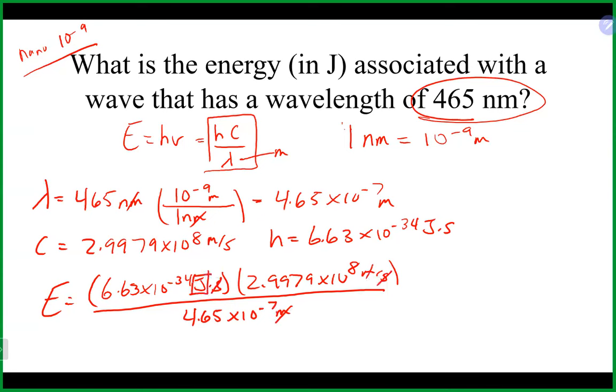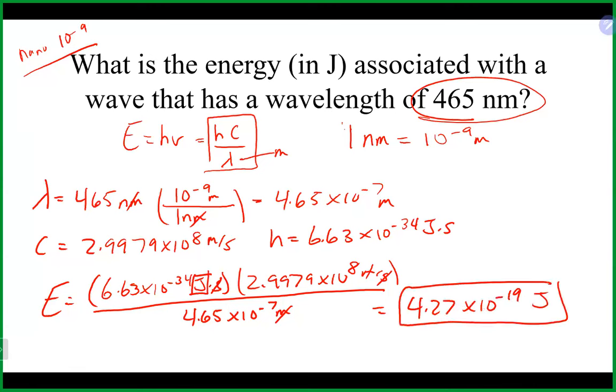That's going to leave us joules as our last unit standing, and that will get us 6.63 times 10 to the minus 34 times 2.9979 times 10 to the 8 divided by 4.65 times 10 to the minus 7. That's going to get us 4.27 times 10 to the minus 19 joules, the energy associated with a wave that has that wavelength. Any questions on that calculation there?